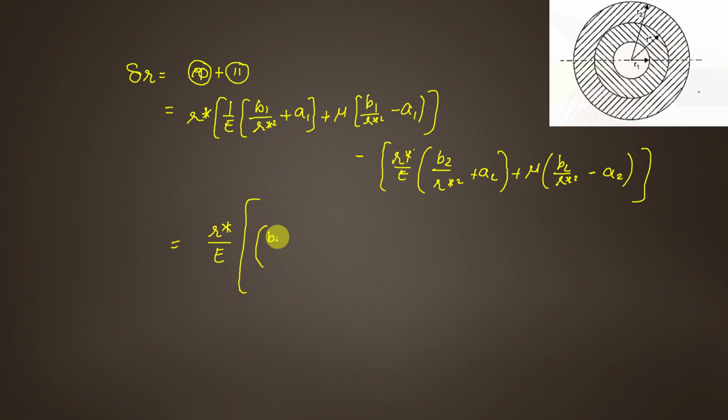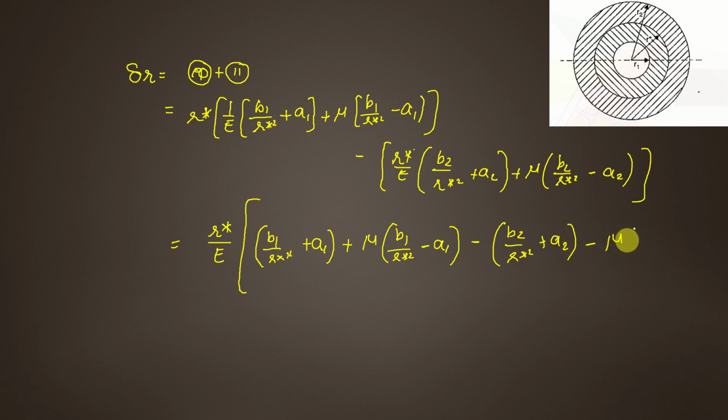The remaining terms are B1 by R star square plus A1 plus mu into B1 by R star square minus A1, minus B2 by R star square plus A2 minus mu into B2 by R star square minus A2, right?